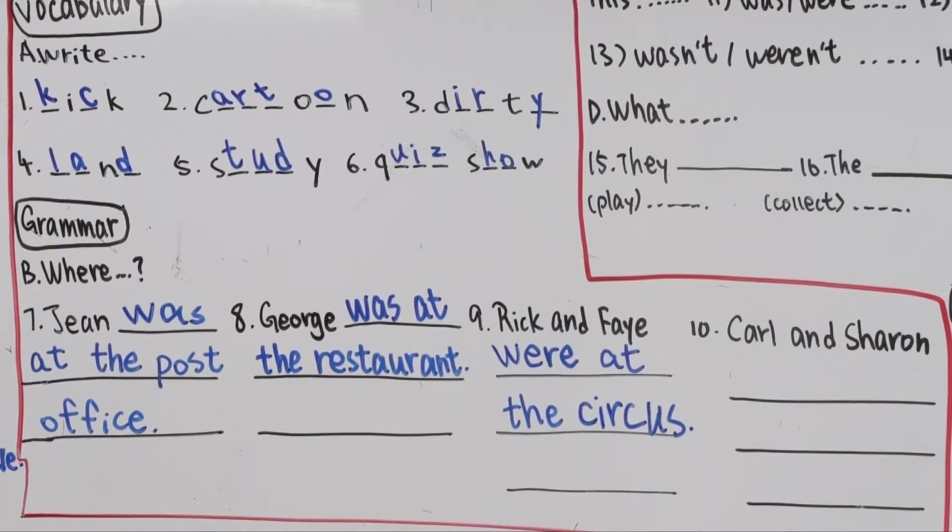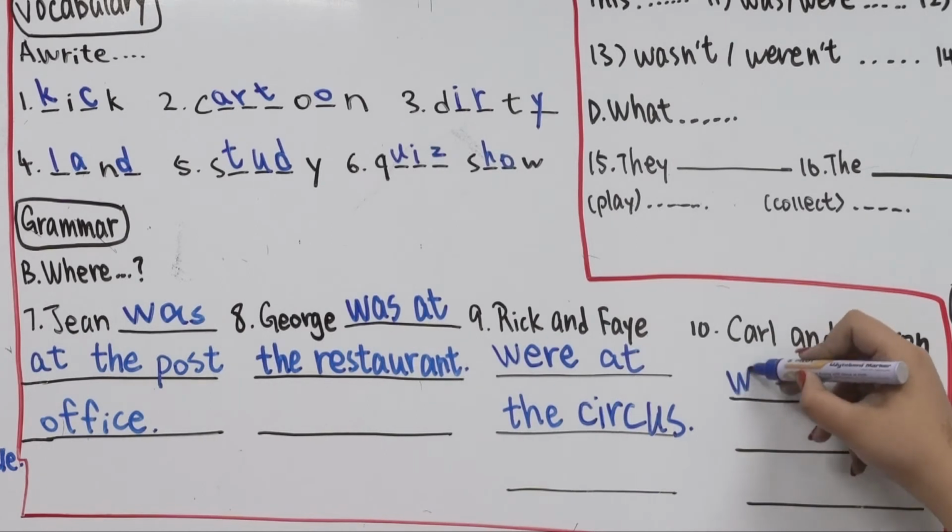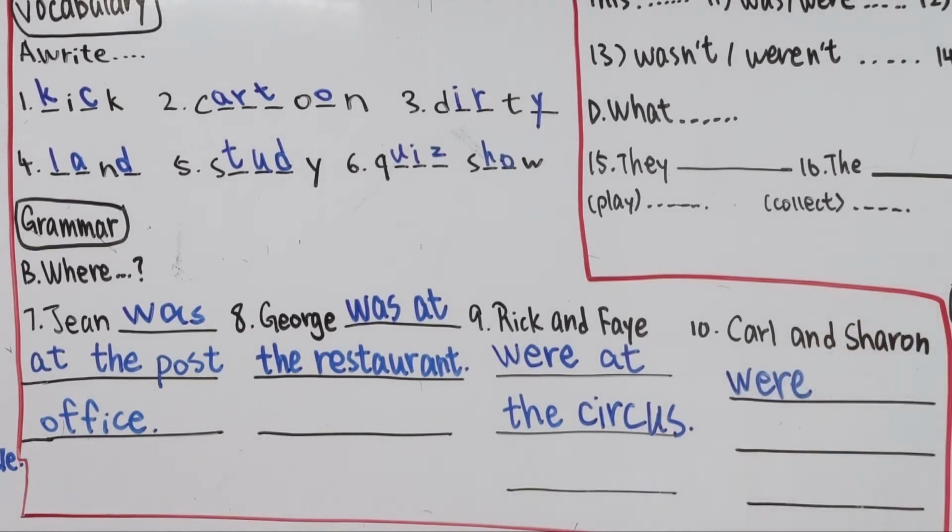Carl and Sharon. Alright. 2 persons, we use were again. A place where you see bookshelf and books. That is library.